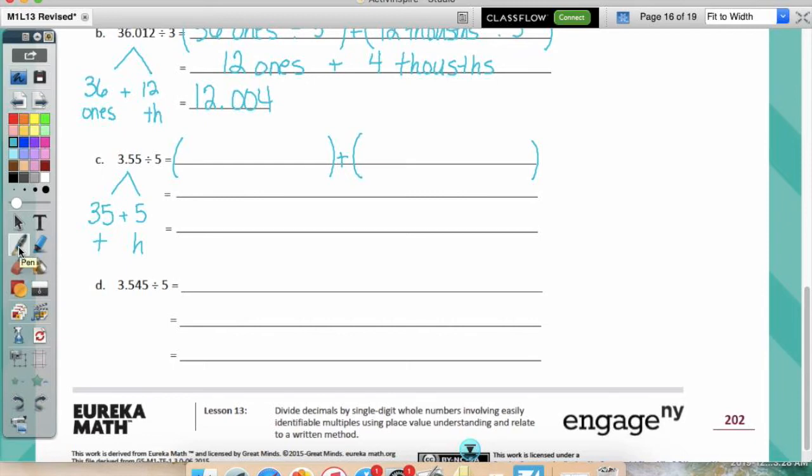So the first one, 35 tenths divided by, what's my divisor this time? 5, okay? And the next one? 5 hundredths.